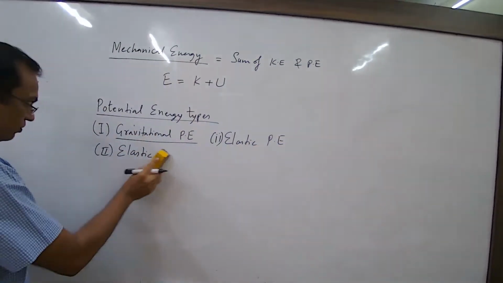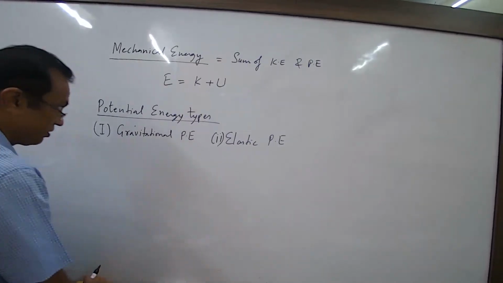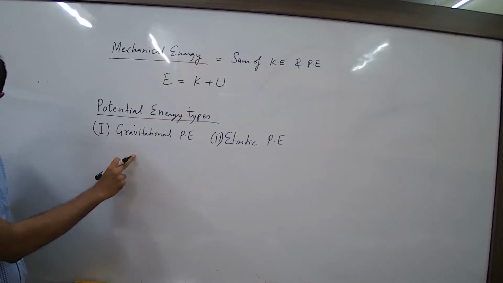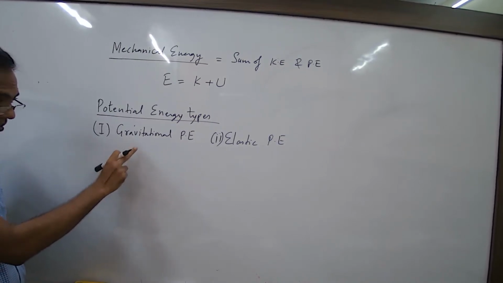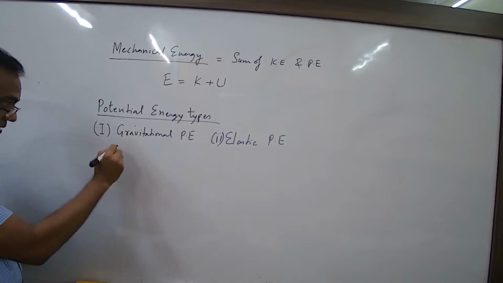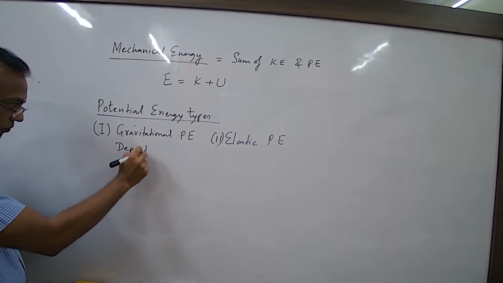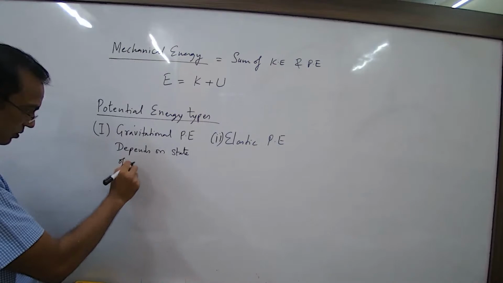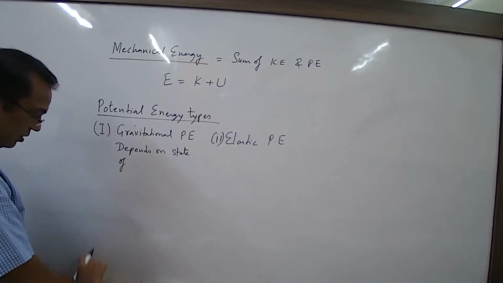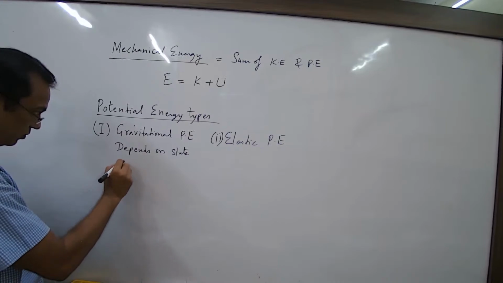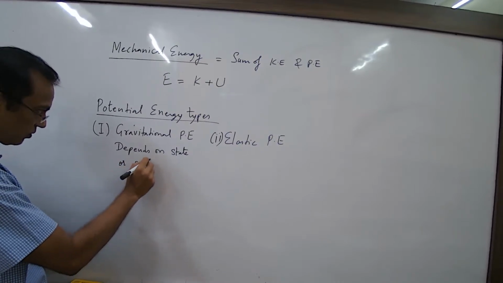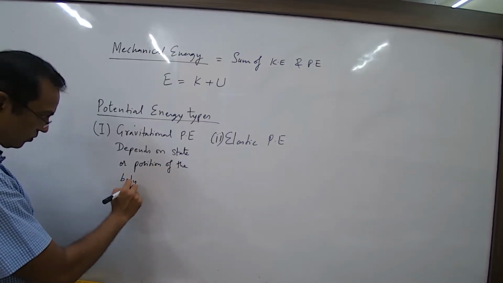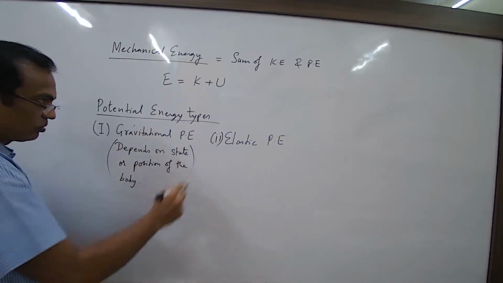What is the difference between the two that I had already explained? Gravitational potential energy depends on the state of position of the body. And what about elastic potential energy?